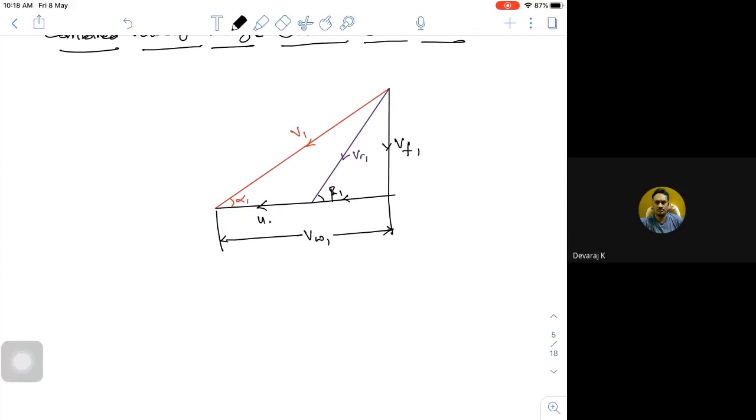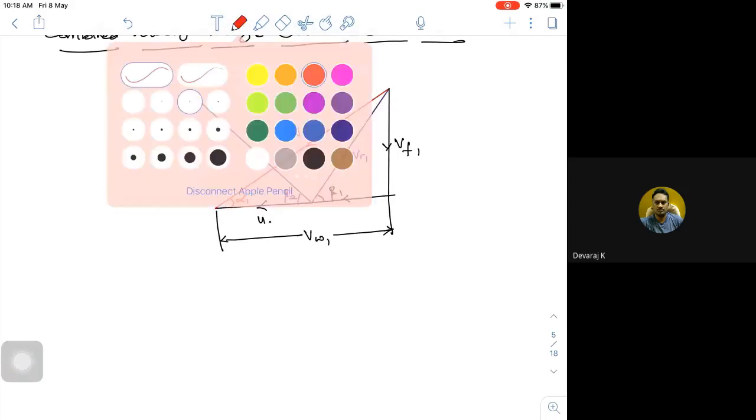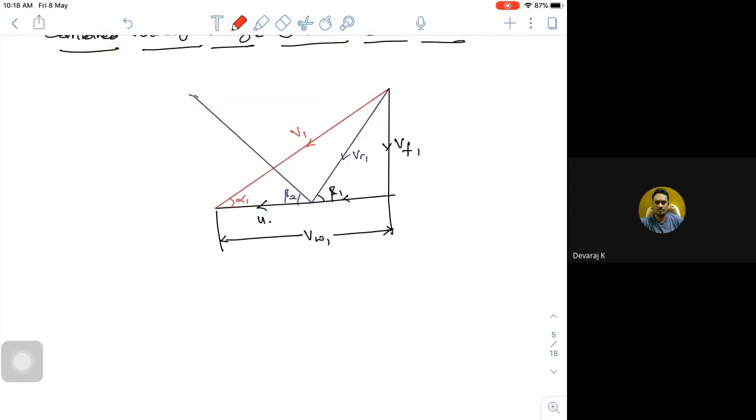Here beta 1 and beta 2 are both the same. So what will happen here? I have to go out with the same angle, that is beta 2, and join, drawn to scale.